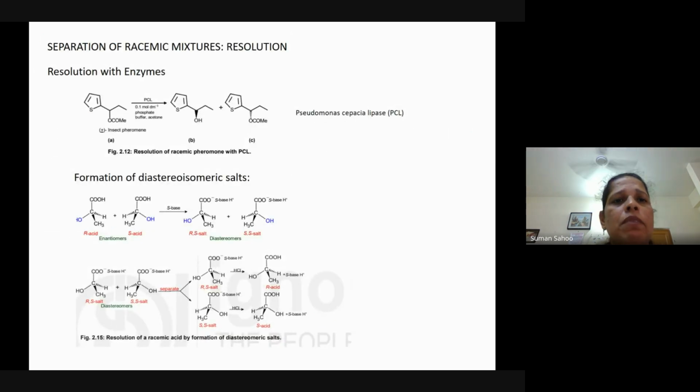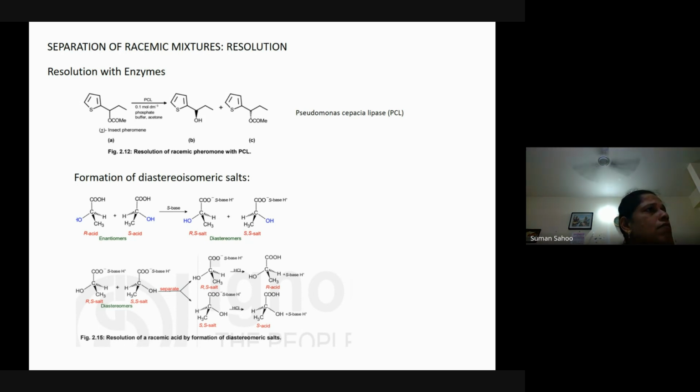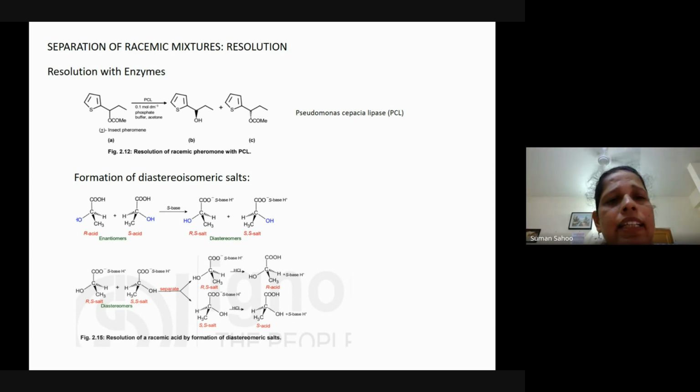Next comes the separation of a racemic mixture, which is also known as resolution. Resolution means that if you have a racemic mixture, you separate it by different methods. Some methods are in your study material, such as mechanical separation, which I have not given here. Mechanical separation is when you have solid enantiomers that crystallize in different shapes.